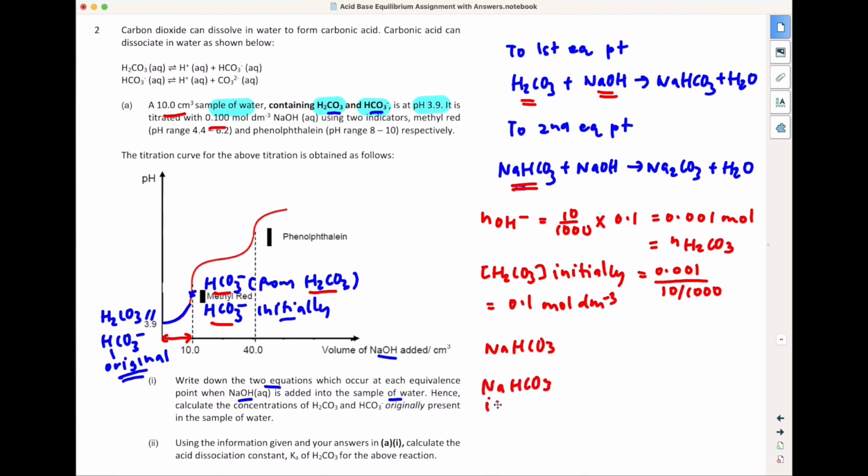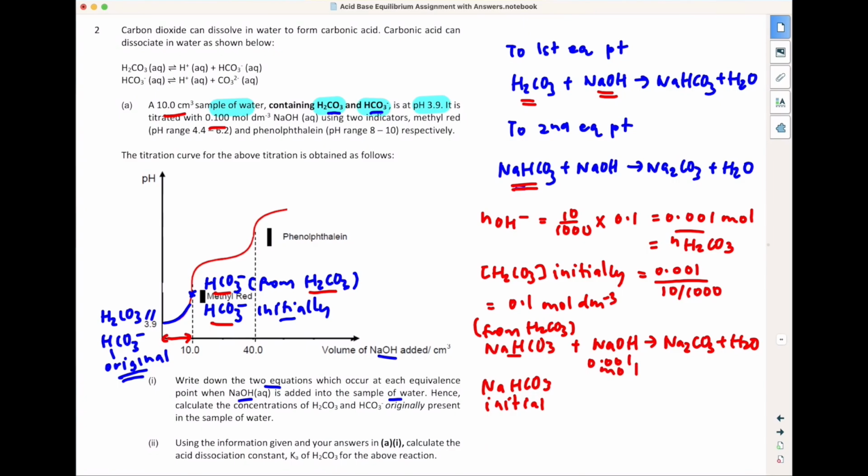This is the initial, and this one is actually from H2CO3. The NaHCO3 from H2CO3 requires another 0.001 mole of NaOH.